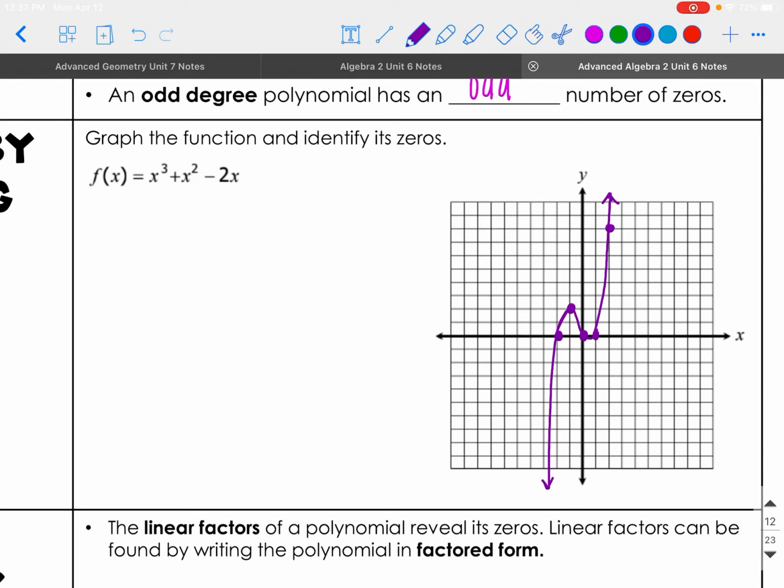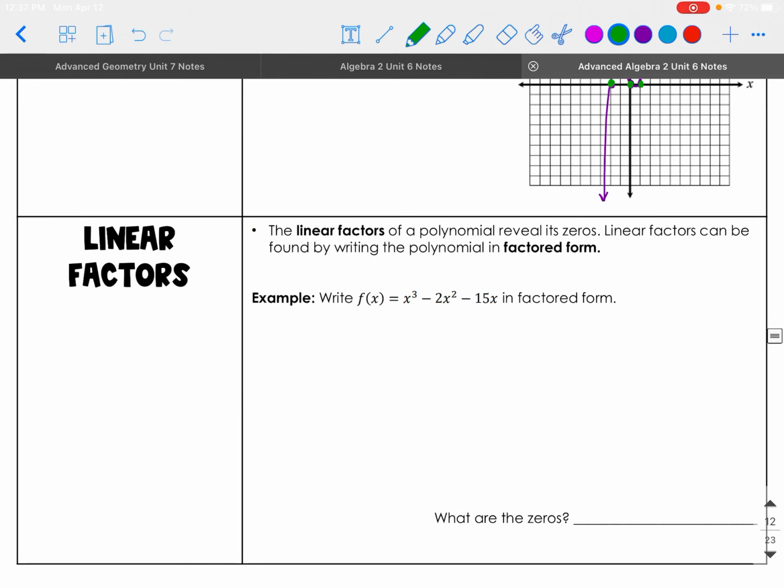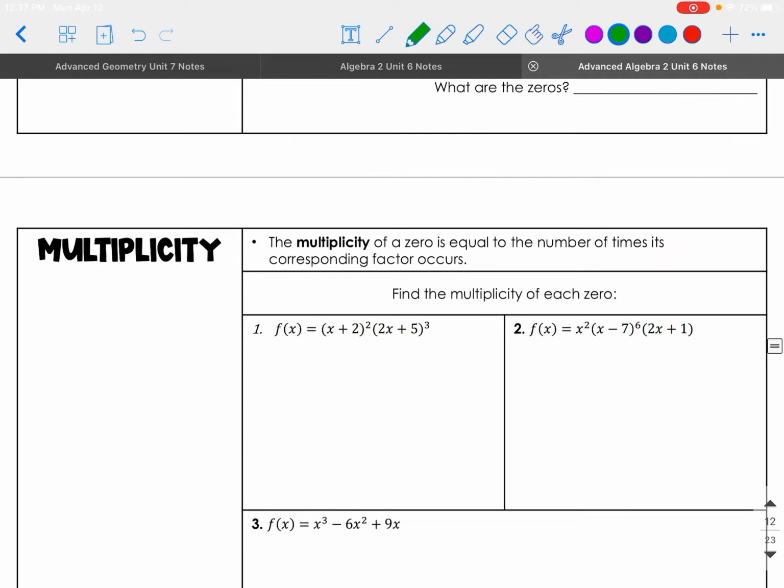And so by looking at this graph, we can tell that the x-intercepts are at -2, 0, and 1. Now I'm going to skip this next little box because we'll get into that later, so just skip it.